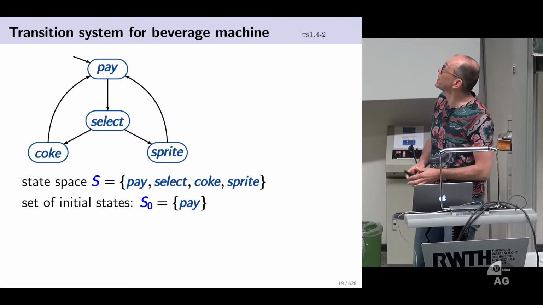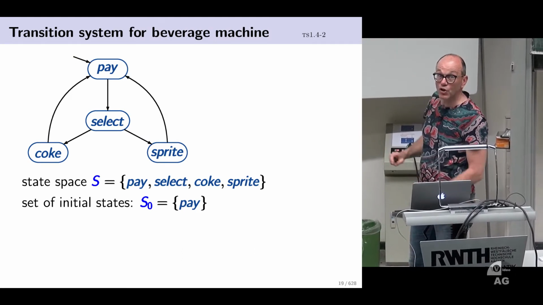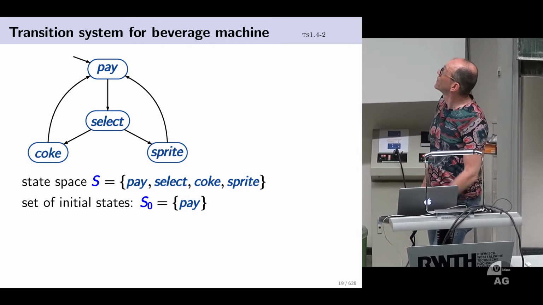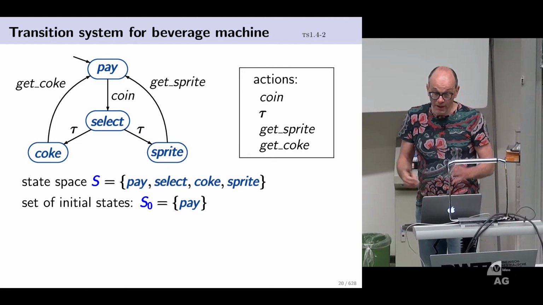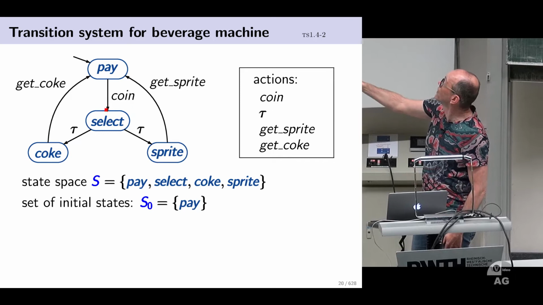We have some initial state. The initial state is P because it has an incoming arrow coming from out of the blue, so to speak. So that's the initial state P. Then maybe we have actions, so now we have enriched this with actions. This could be the action coin. This could be the action get Coke.